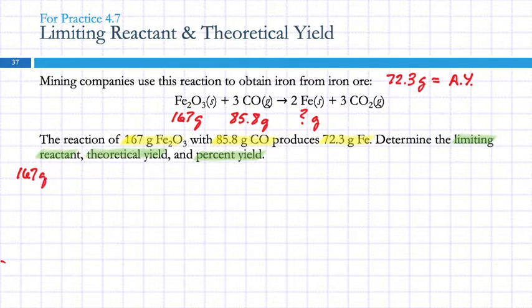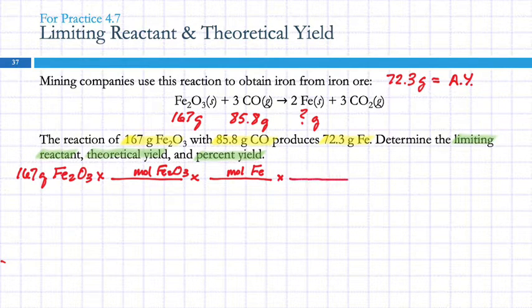167 grams Fe2O3. I'm going to moles of Fe2O3. And then I'm going to moles of iron, and then to grams of iron. In this problem, there are 2 products being formed.